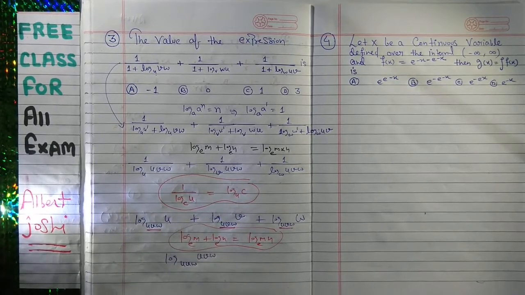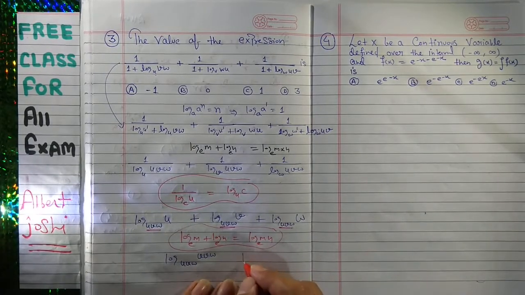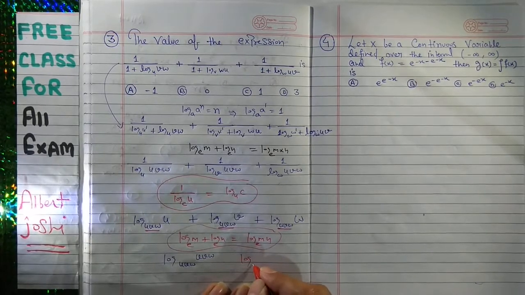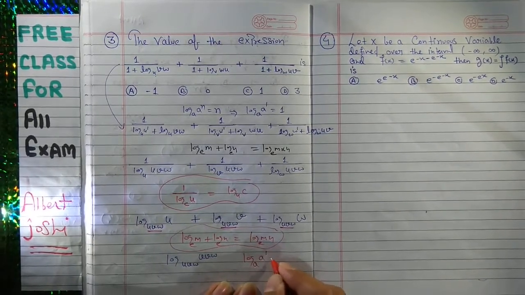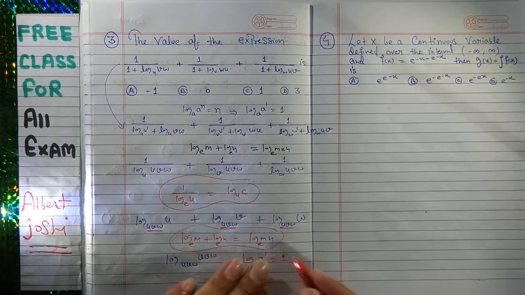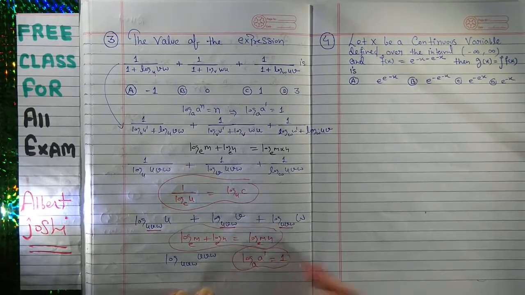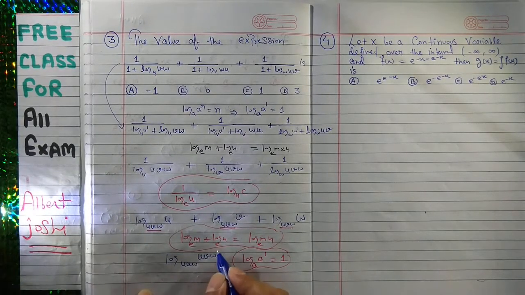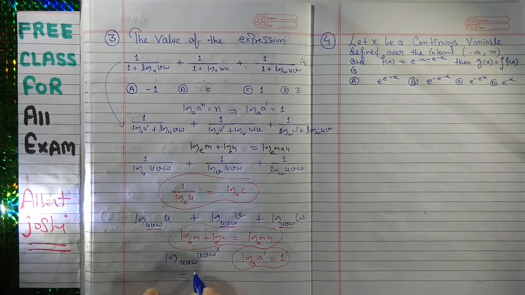Now already we have discussed log a base a to the power 1 is equal to 1, so its power is 1 and the value will be 1.